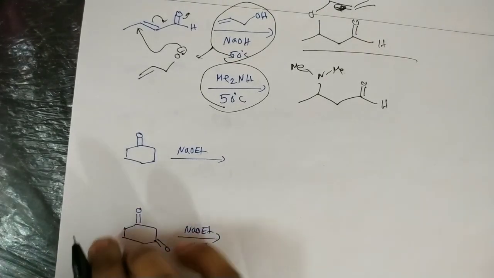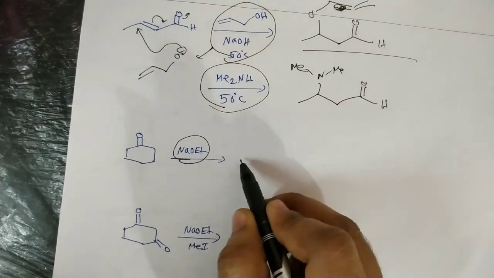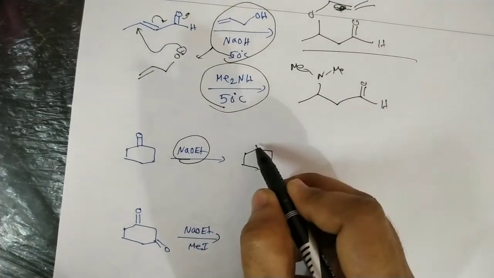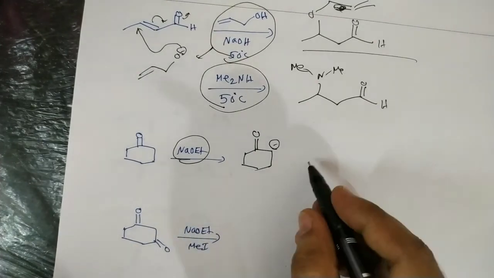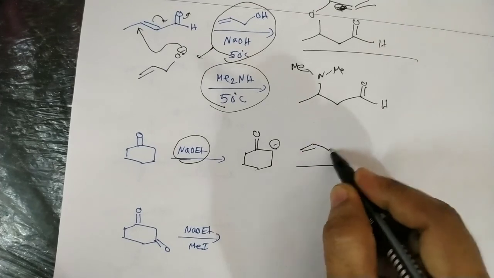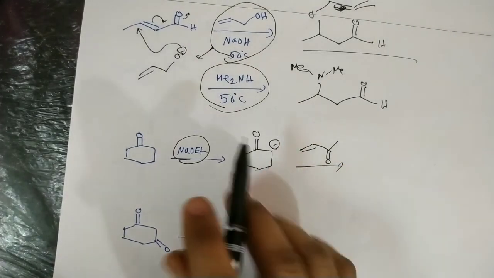So now in this case let us discuss this example. This carbonyl compound reacts with sodium methoxide, which can be treated as a strong base, so you'll get the carbanion. Now this carbanion attacks on the carbonyl compound, that is a conjugated reactant.